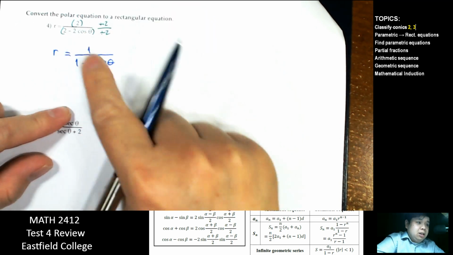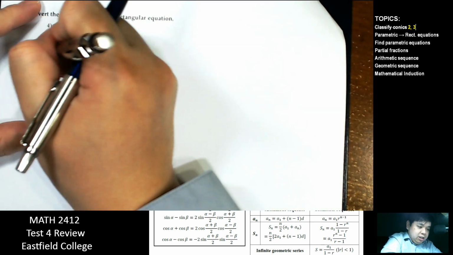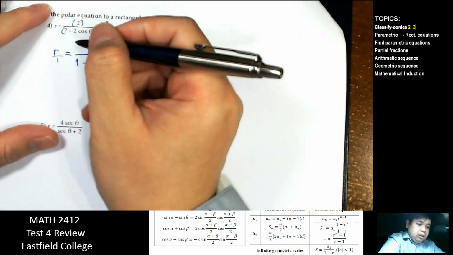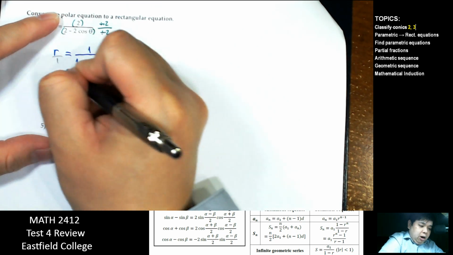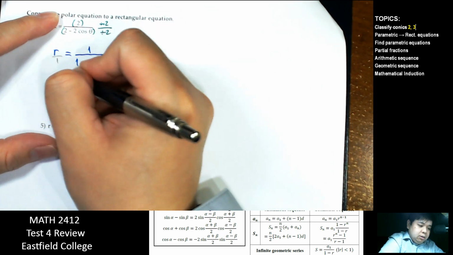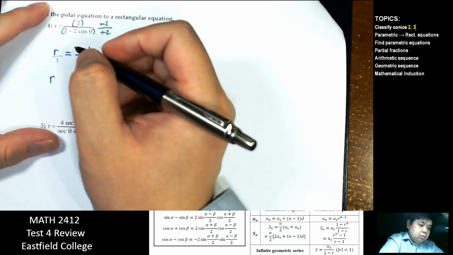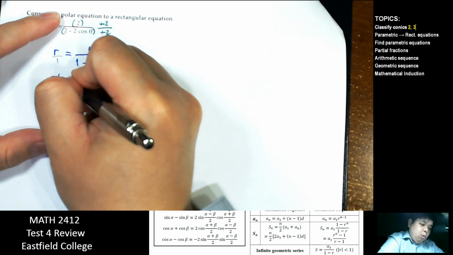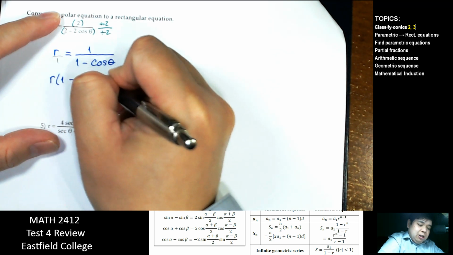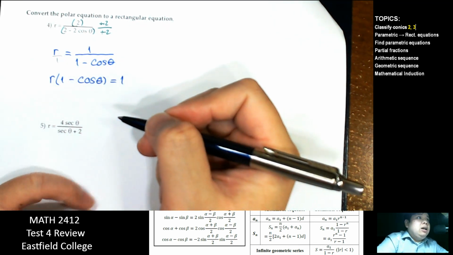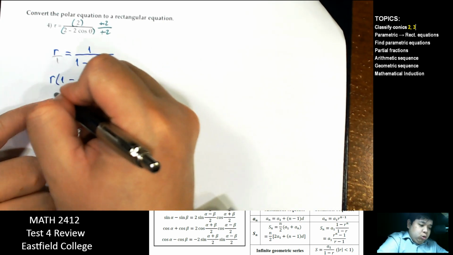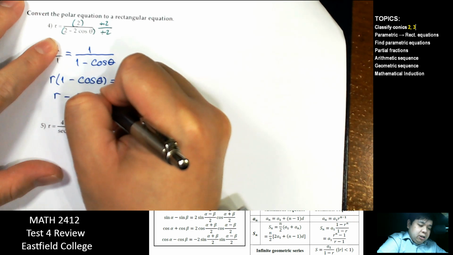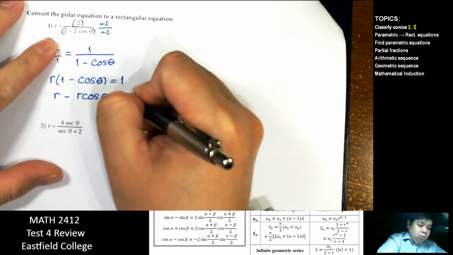Right, cross multiply here. We should have r times 1 minus cosine theta equal to 1. Now, multiply it out, we have r minus r cosine theta equal to 1.